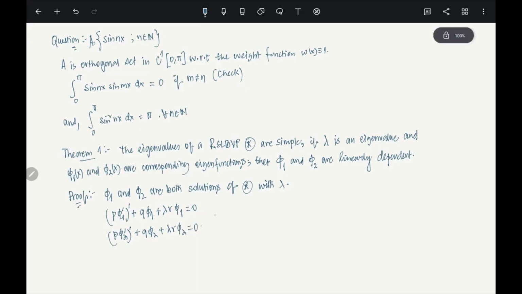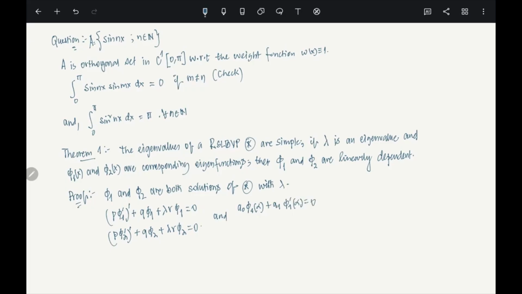And moreover, you have the boundary data: A naught phi1 at the point alpha plus A1 phi1 prime at the point alpha is 0, corresponding to phi1.